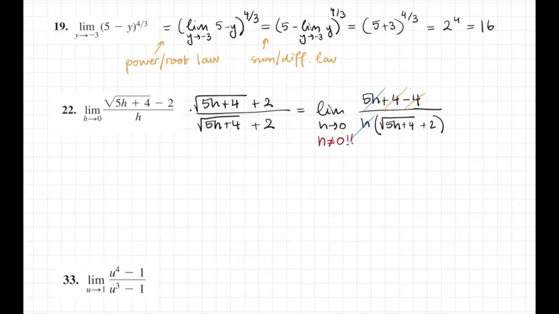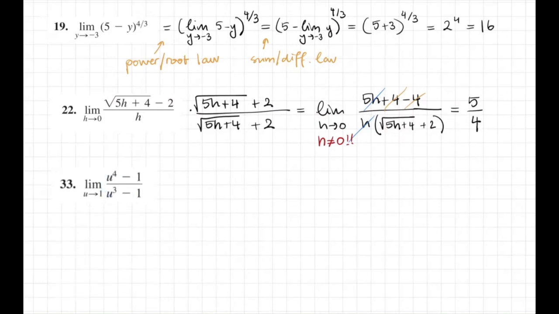Since it is not 0, you can cancel them. Otherwise, we cannot. Then we can plug in 0, right? Here we have 5, here we have 4. Out of the square root, it is 2 plus 2, 4, so 5 over 4.